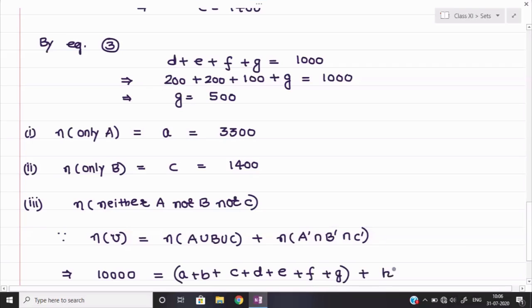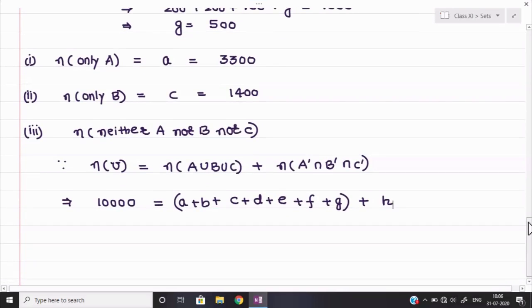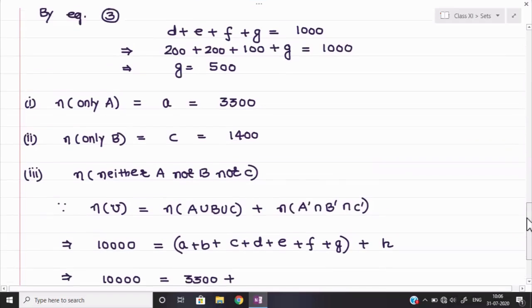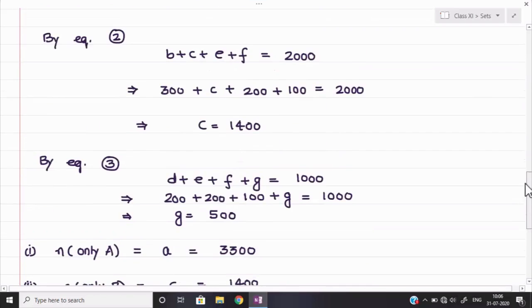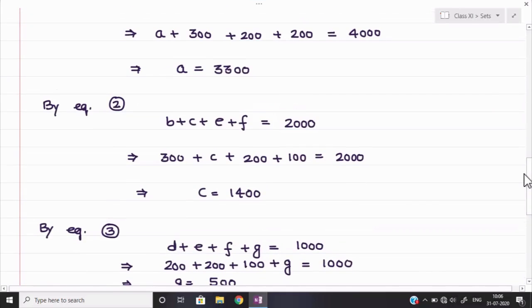Now let us put in the values. Some of the values which we know we can put in directly. 10,000 will be as it is right now. Value of A I think we found as 3,300, plus B, I don't know. B, let me see. C will be equal to 1,400. So B, how much do we have? B is equal to 300.